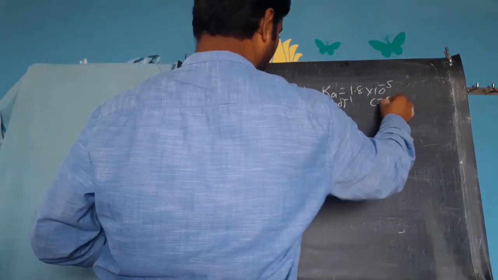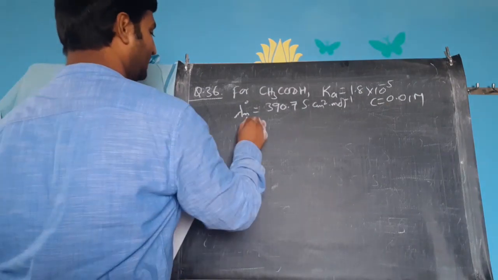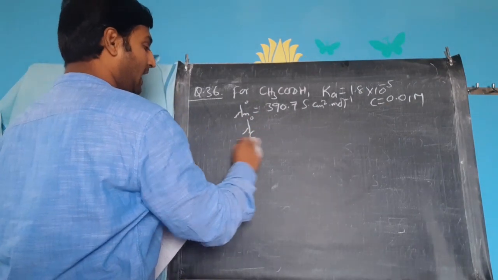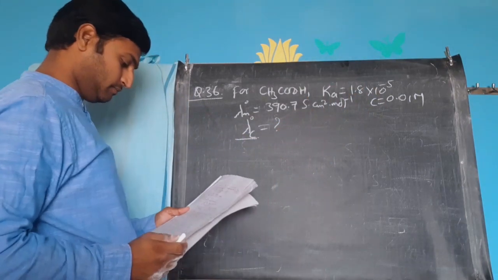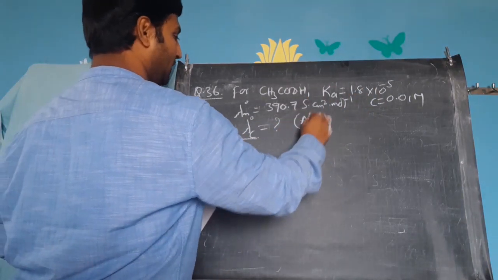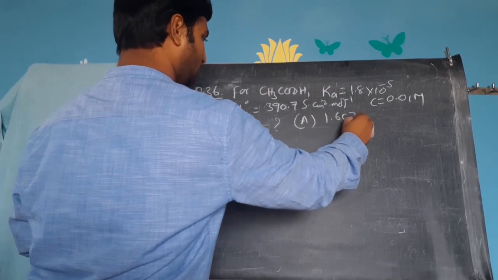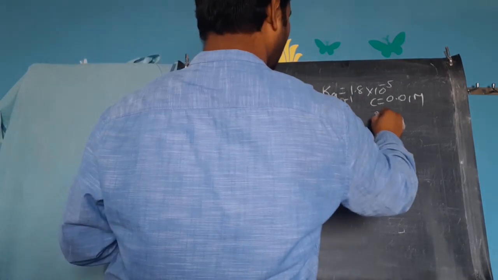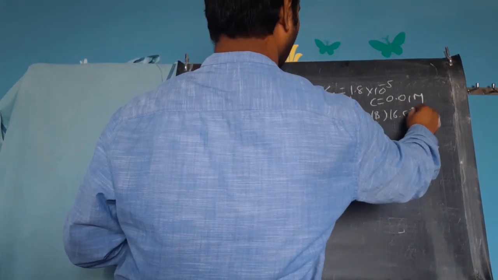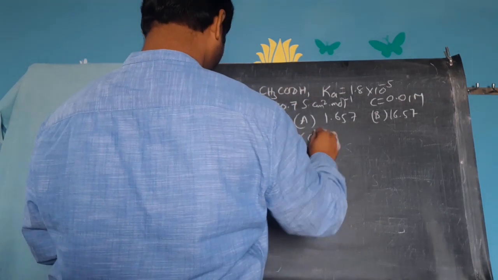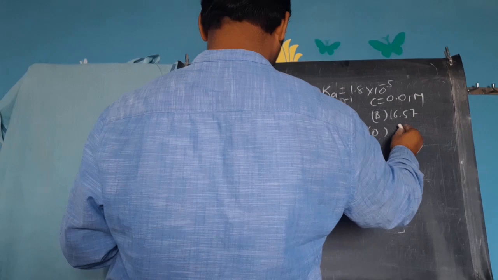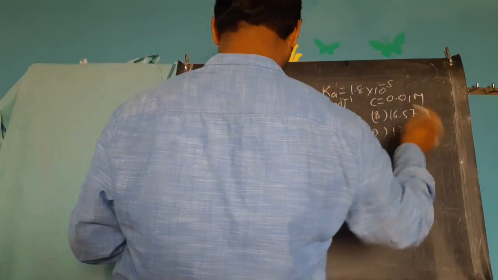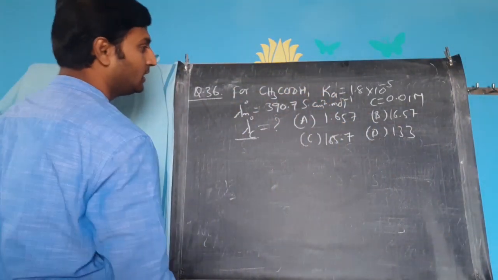Then concentration is given as 0.01 molar, and he is asking you the molar conductivity at the given concentration. The options he has given you are 1.657, 16.57, 165.7 and 133.